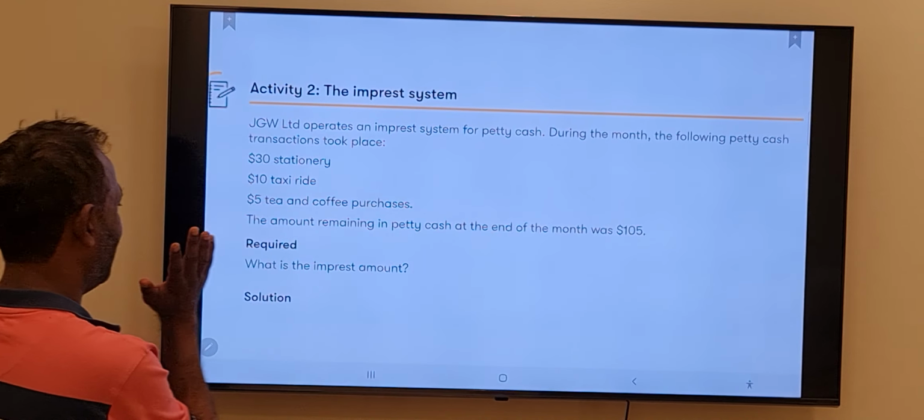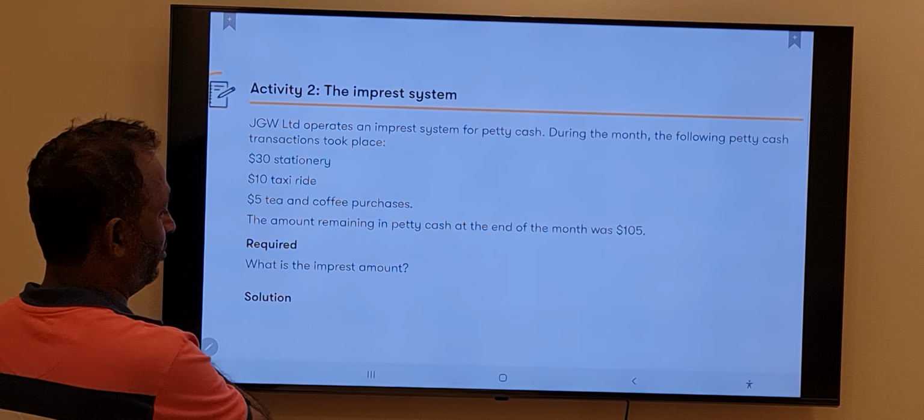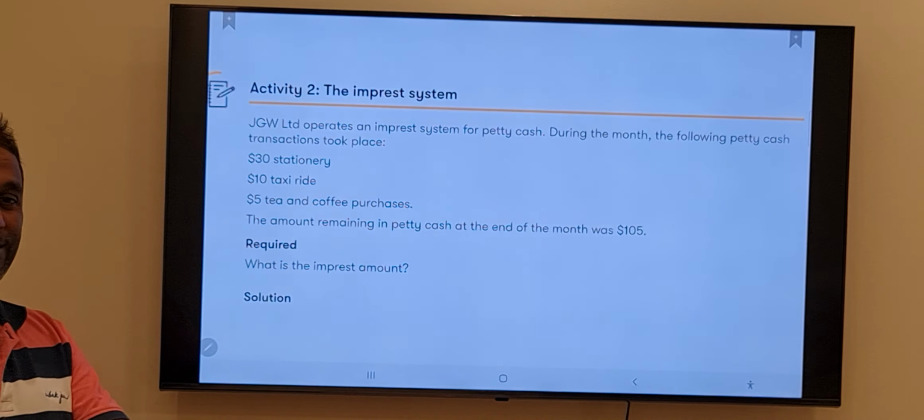Okay. What is the question? What is the imprest amount? 150. 150.